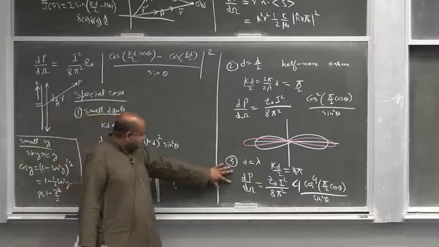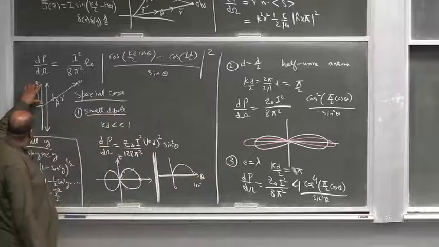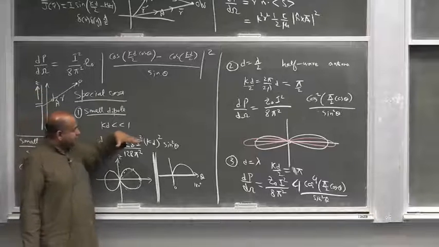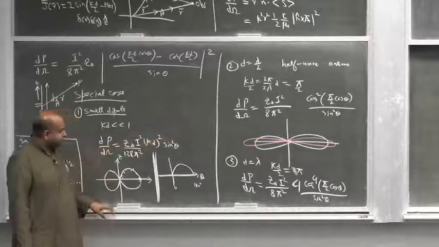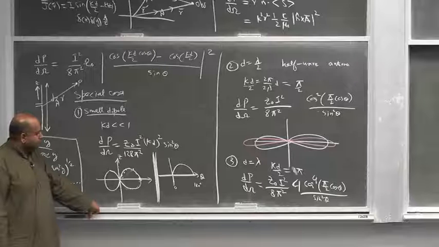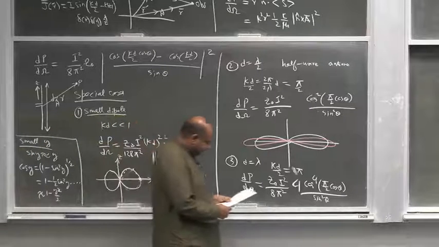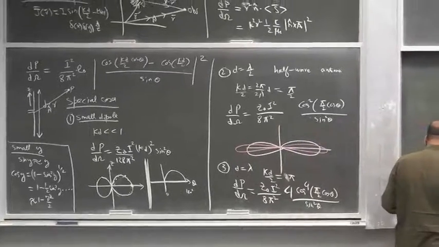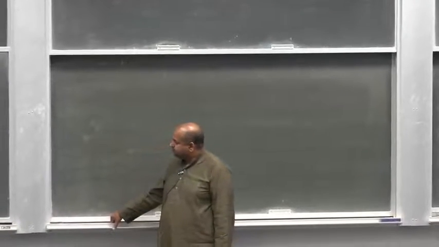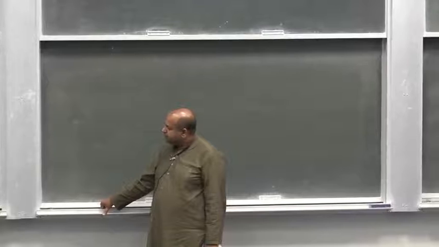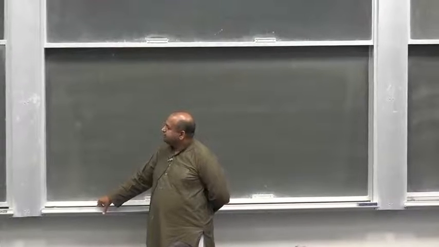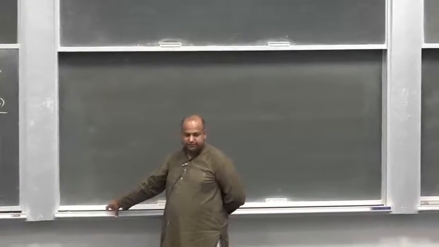Some people like to imagine this half-wave antenna as a superposition of two full-wave antennas, and because of this superposition, there's more power along the radial direction. Okay, so in the notes I have given an example for D 3 by 2 lambda as well. The important thing is that the length of the antenna depends on the wavelength.